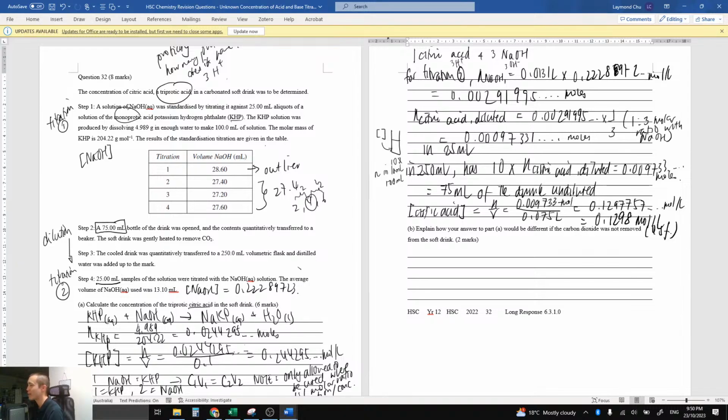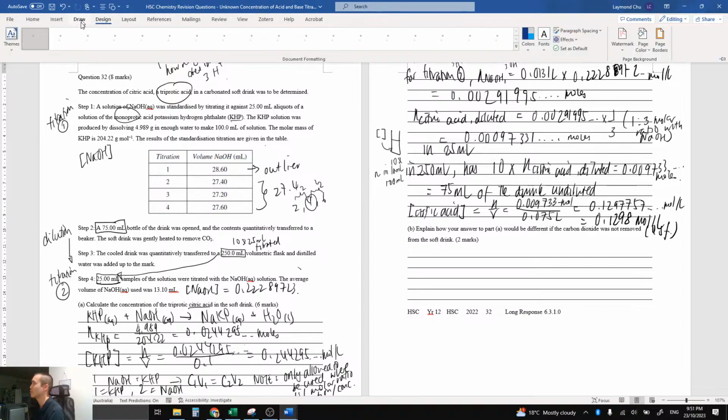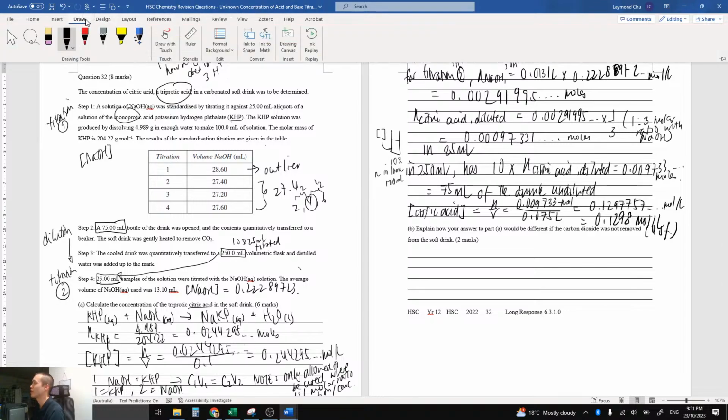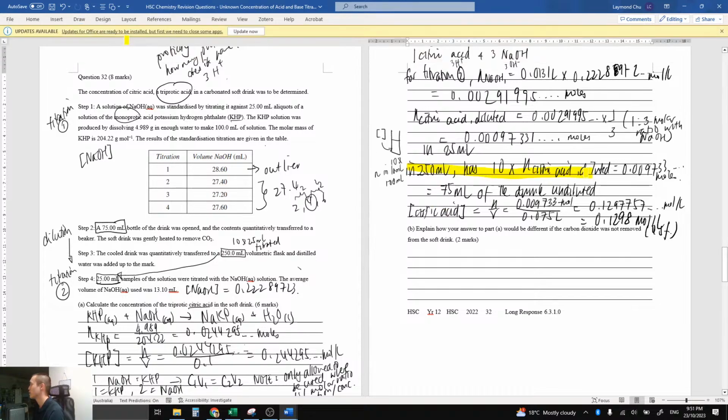out certain amounts. So 25 mL is taken out from your 250 mL volumetric flask. So this 250 mL solution contains 10 times the 25 mL that was titrated, which allows me to make this assumption here, or not assumption, this justification here.